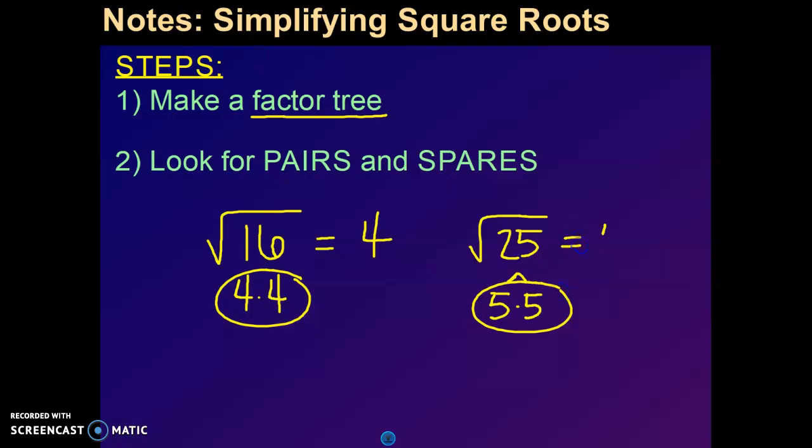We have a pair, so those are perfect. And they go outside of the square root. So today we're going to look for pairs, but we might also find some spares, and we're going to realize that the pairs can go out of the square root, but the spares will stay in. And I'll show you what I mean with some examples.